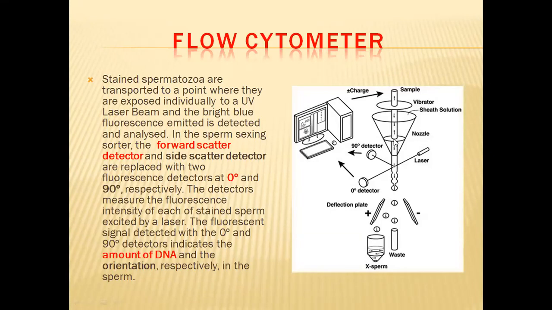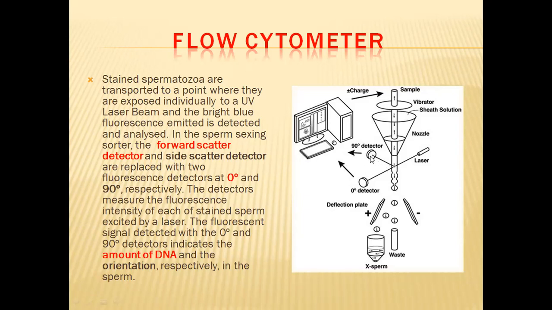When the semen drops are falling in a downward direction, here we will arrange a laser machine. From this, laser beams will be emitted, and these laser beams will be received by detectors. Two detectors will be arranged in this machine.